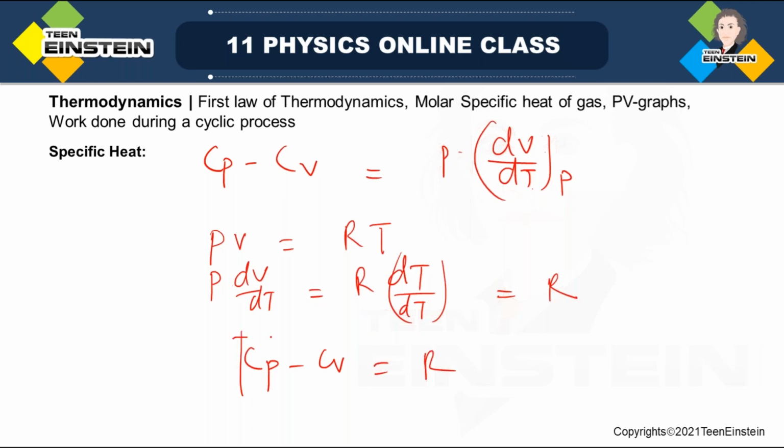Cp minus Cv is R. This is always true. Cp minus Cv will be R. So this is a relation between Cp and Cv. This is the extra amount of energy that is required.